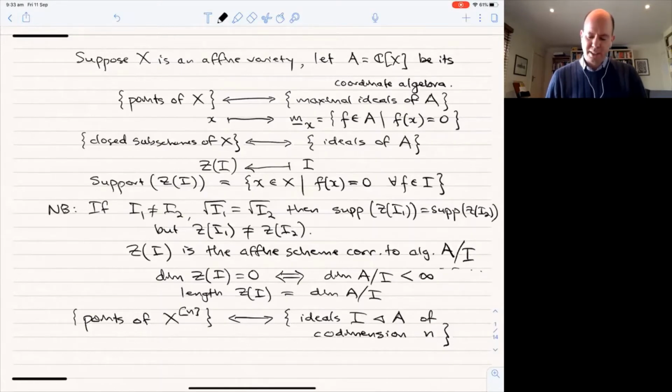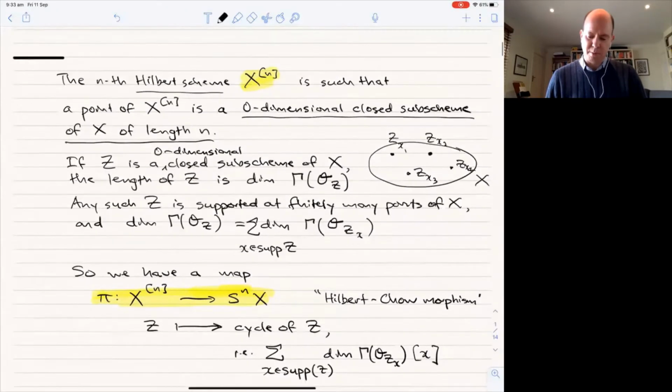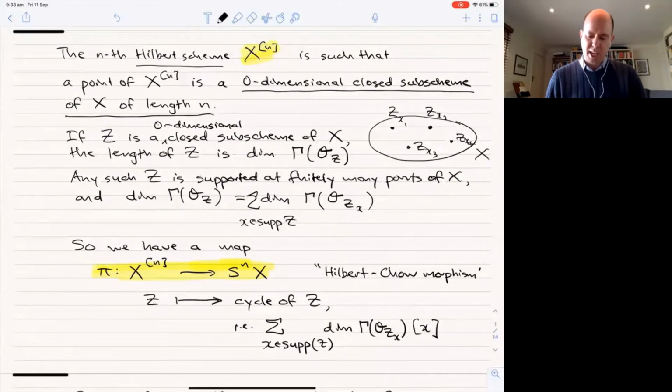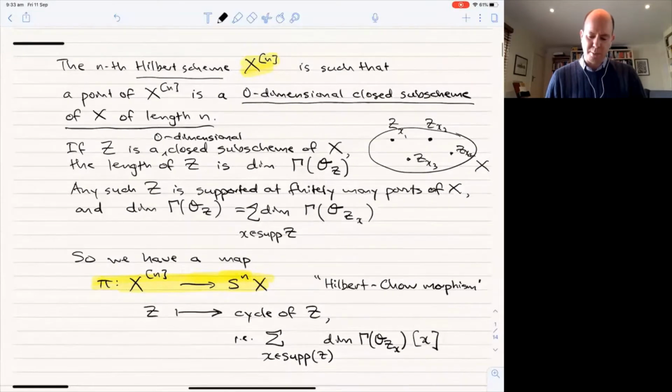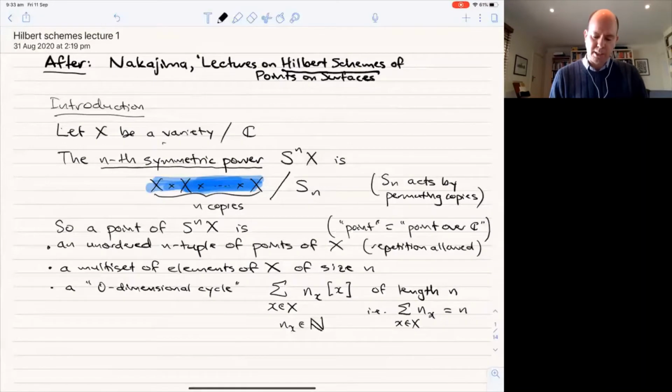So you may wonder what parts of this require us to talk about schemes, and it's interesting in a way because I started off letting X be a variety, and in fact, for almost the entire course, we're just going to talk about the case where X is a surface, so it's actually going to be a two-dimensional variety.